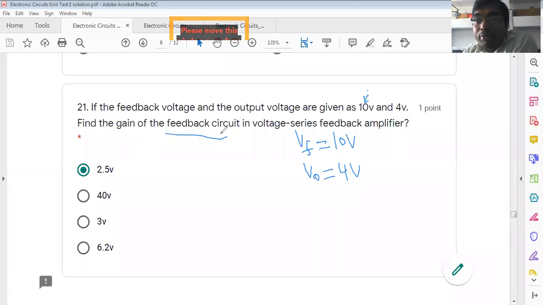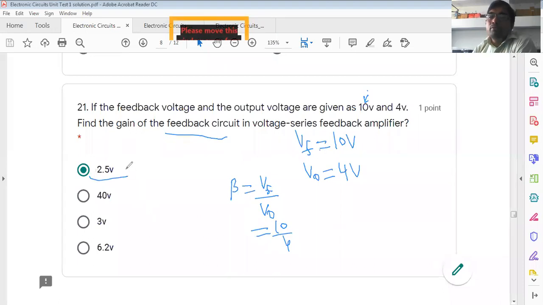The gain of the feedback circuit is nothing but beta. It is basically Vf upon V naught, because we know that Vf is beta times V naught. So it is 10 upon 4, simple. So the correct option would be 2.5 volt.